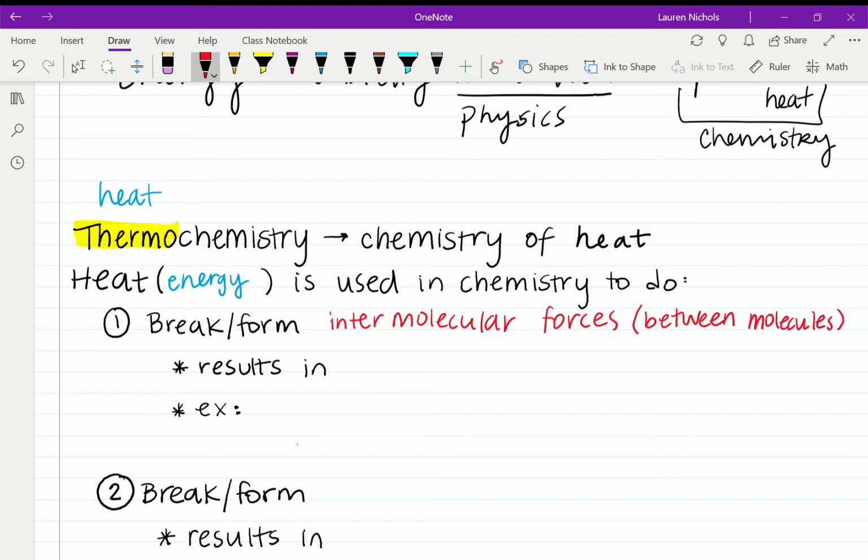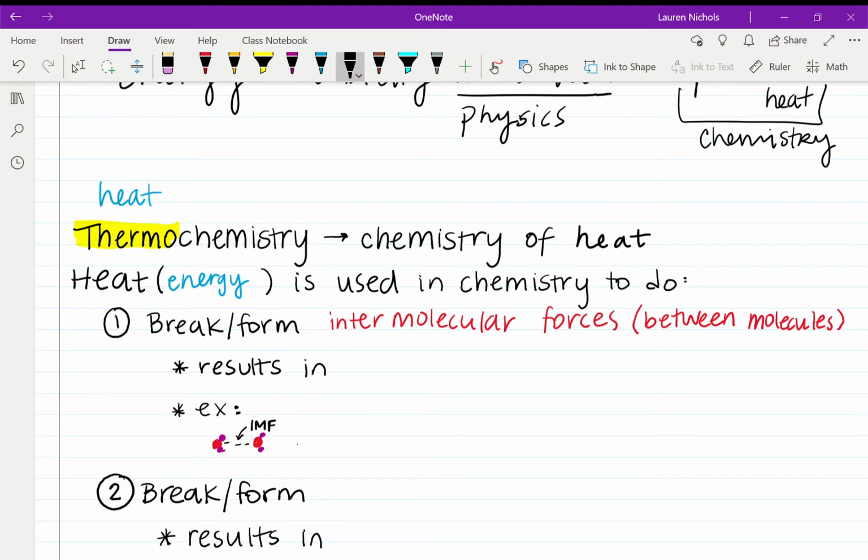For example, if I had two water molecules, let's say I have two oxygens and two hydrogens, there could be an attraction between the neighboring molecules, and that force between neighbors is an intermolecular force, abbreviated as IMF.